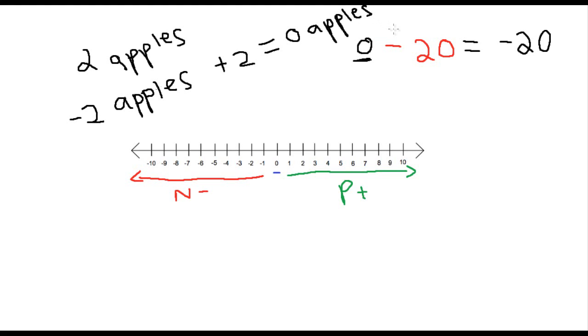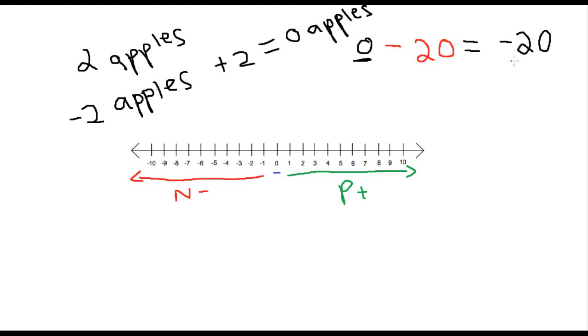So, although he was physically given 2 apples, he didn't have no apples. He was at a loss or a debt of 2 apples. So him getting given 2 apples has brought him to having 0 apples. So this person now still doesn't have any physical apples, but he doesn't owe anyone any apples. He is free of debt.